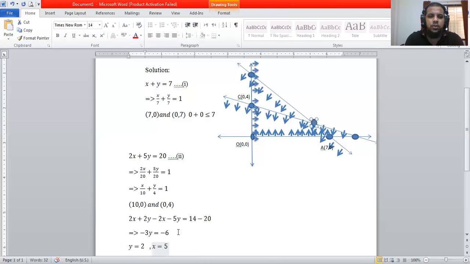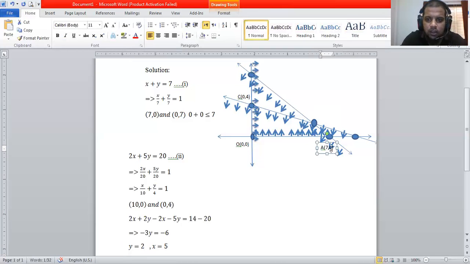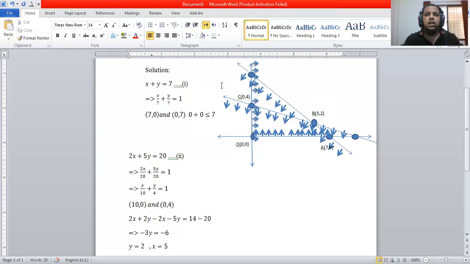This point is 5 2, x is 5 and y is 2. For example, it is B, 5 2.